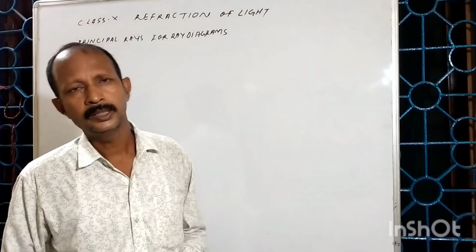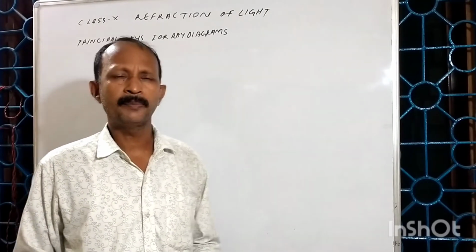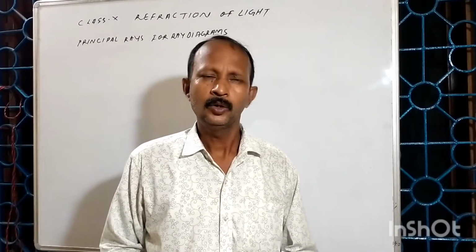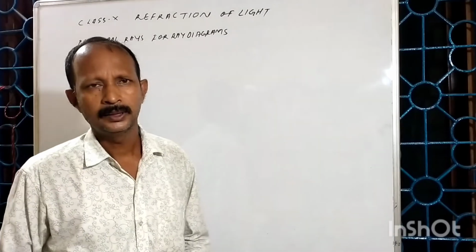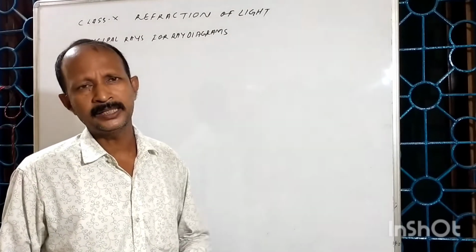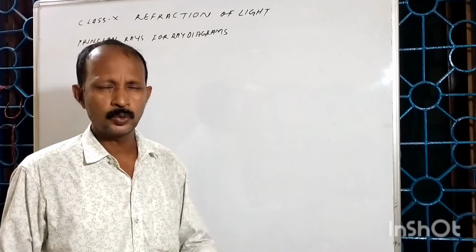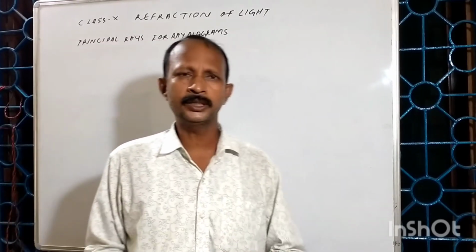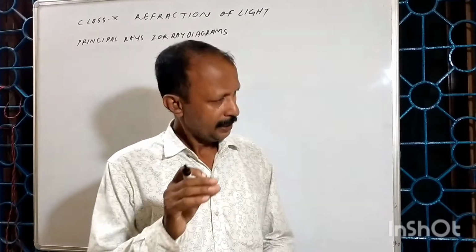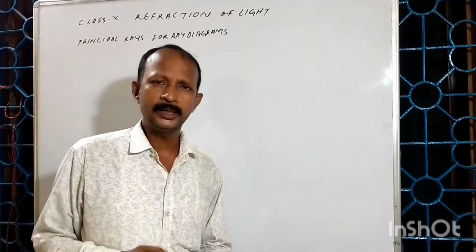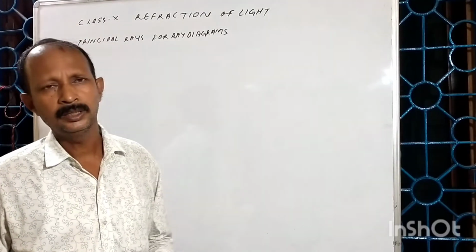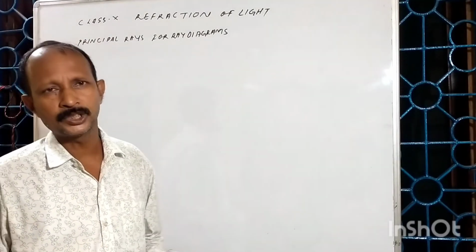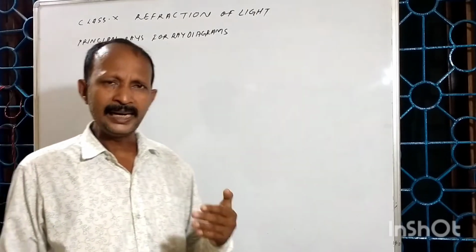Today's video is just the extension of my previous video where I explained what is a lens, the different types of lenses, and also the terms associated with a lens. In this video, today I am going to discuss the formation of image by a lens.